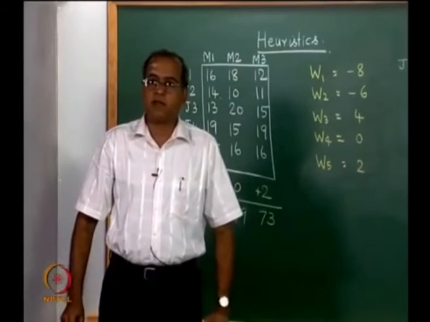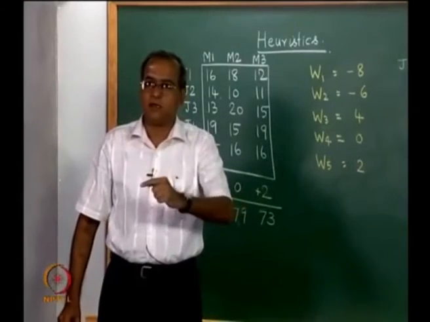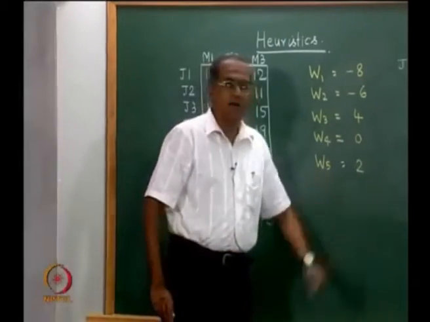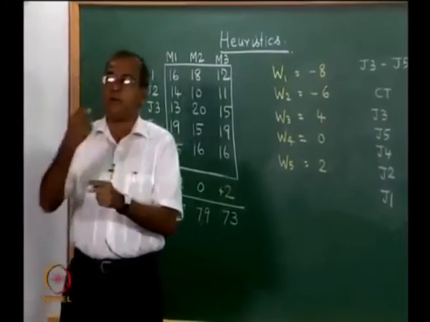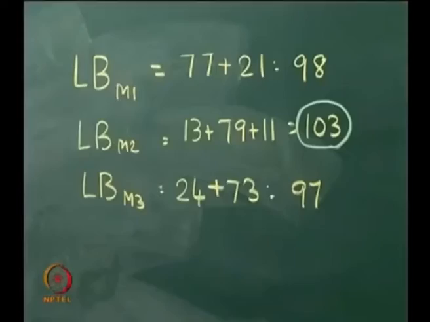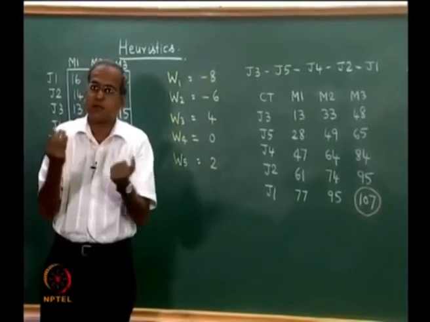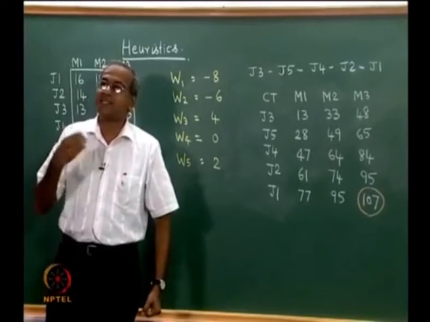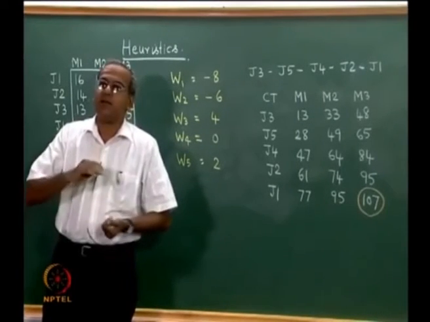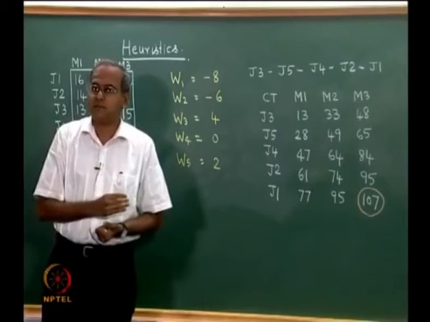So, the make span can only be 103 or more. Also, we already have a feasible sequence with a make span of 107. Therefore, the optimum make span can only be 107 or less.